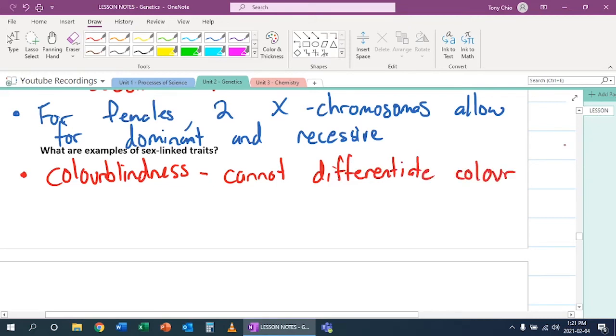So you cannot tell colors apart. The most common type that a lot of people have is red-green colorblindness, aka things that are red and things that are green to someone who's colorblind will look the same. There are other types, such as hemophilia, aka your blood will not clot.